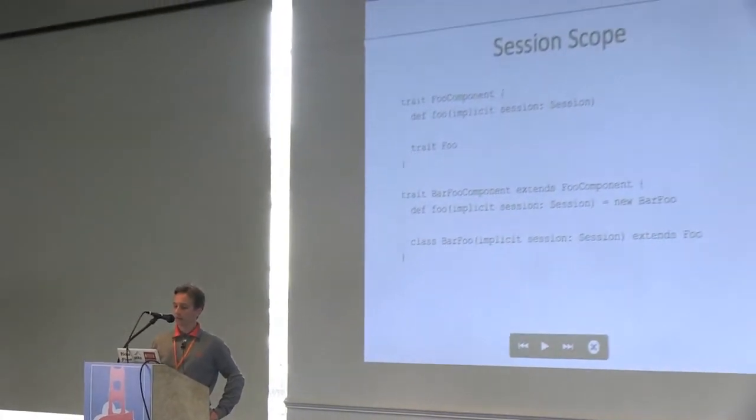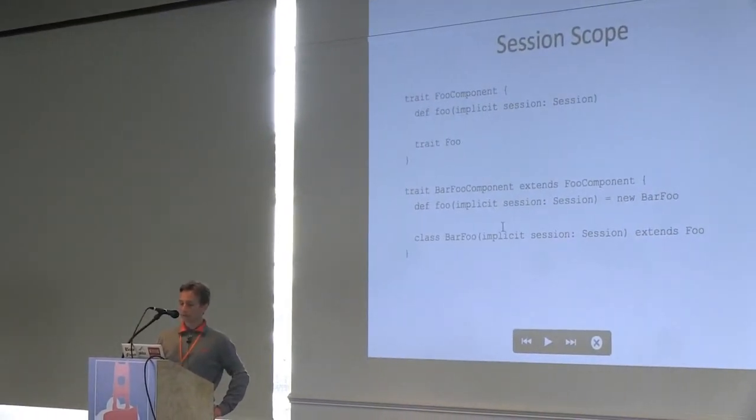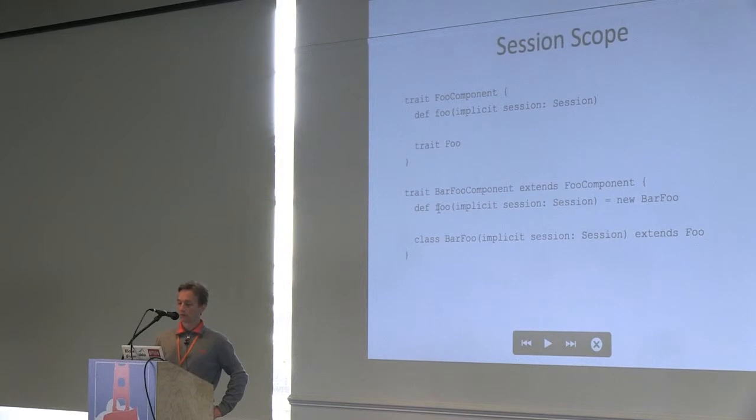We have an implementation as an example: foo could have an implementation called bar foo, and then bar foo takes an implicit session. In this particular case, we're getting a new instance of bar foo being instantiated every time, but it may get the same session in multiple different calls. You can obviously optimize that by making this whole thing more complicated, but I wanted to keep it simple in this talk, or simple-ish.